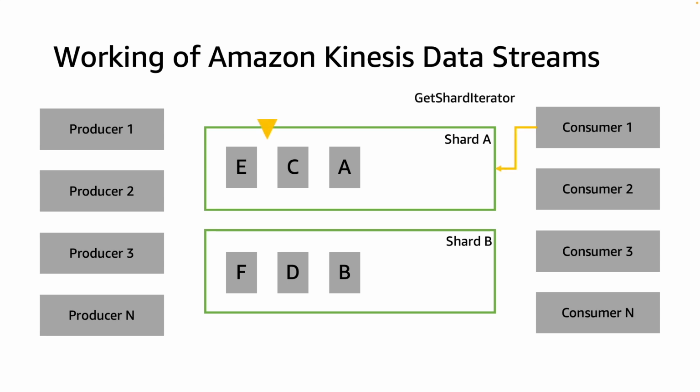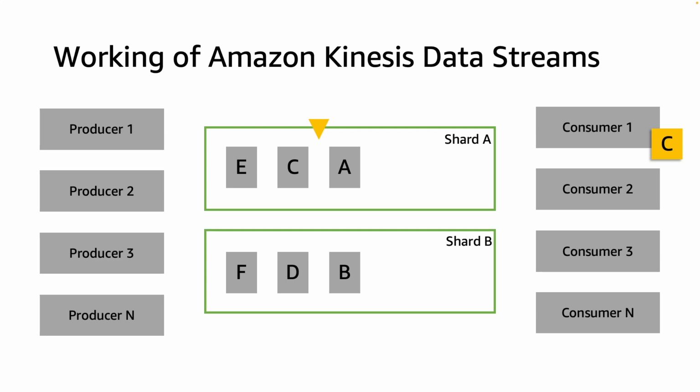It will issue a get shard iterator API request to shard A, and as an iterator, it will have the reference point at C. It will start reading from this C. C message will be consumed with the get record API call, and consumer 1 will receive the message C.